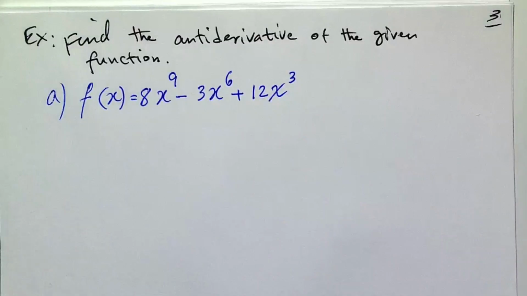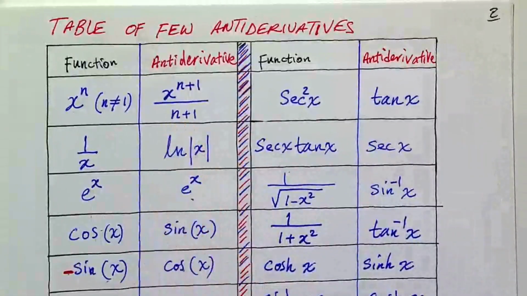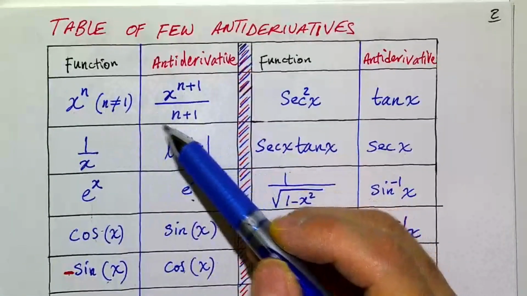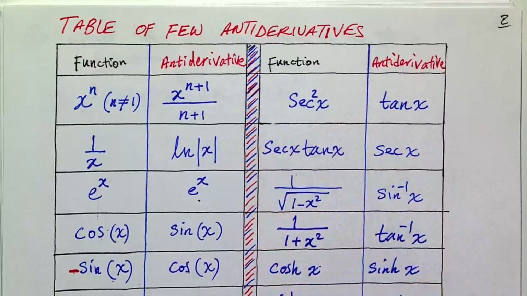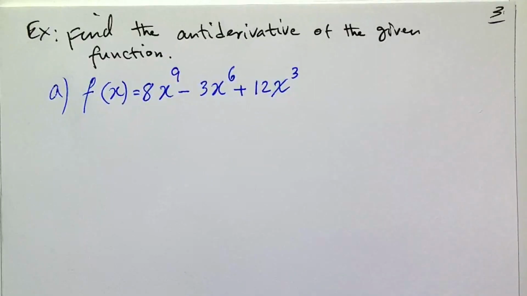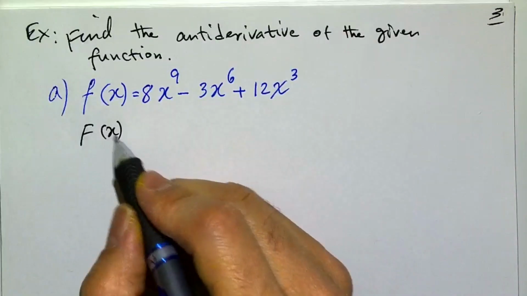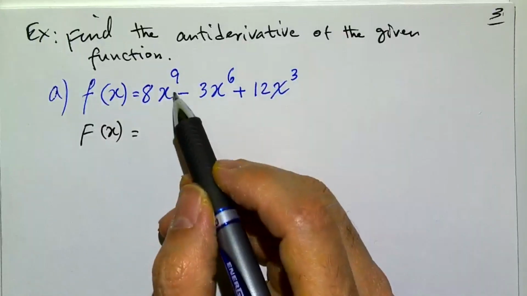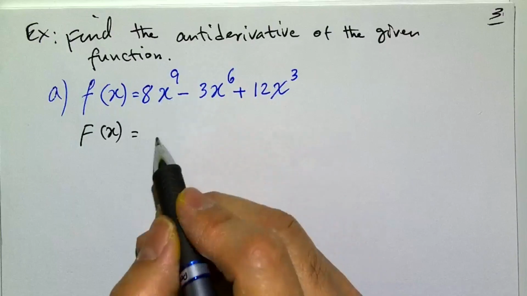Like that. So we're going to use this rule of finding the antiderivative here. Just add 1 to the power, divide the term by the new power, which is n plus 1. We're going to use that. So I'll just call it, for now, capital F of x, the antiderivative. Let's add 1 to that, we get 10, and then divide this term by 10.